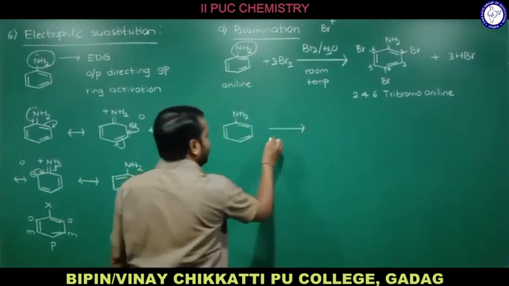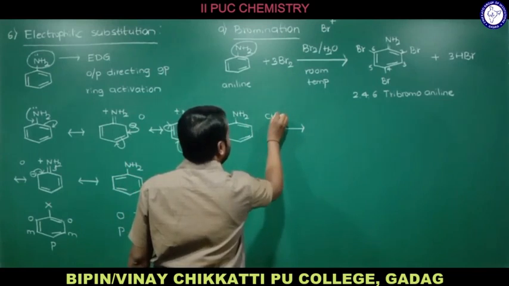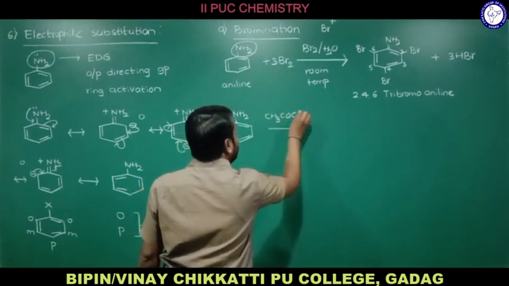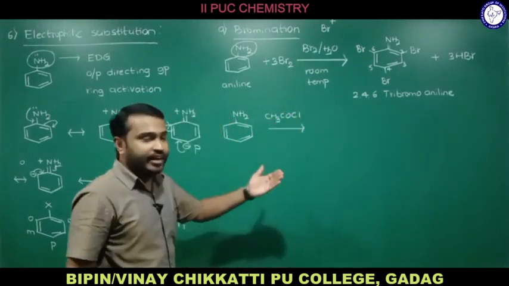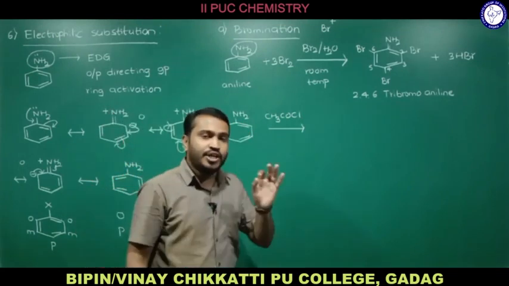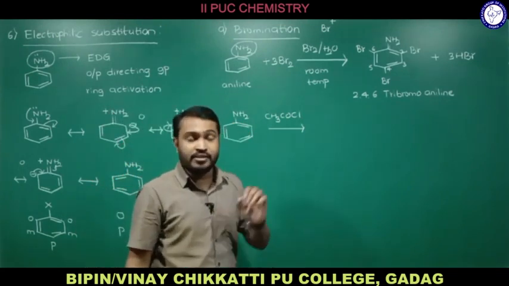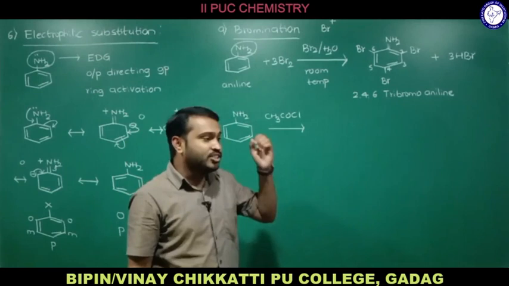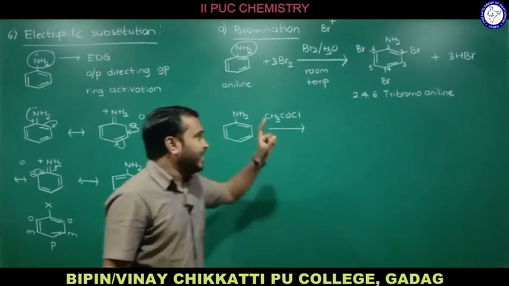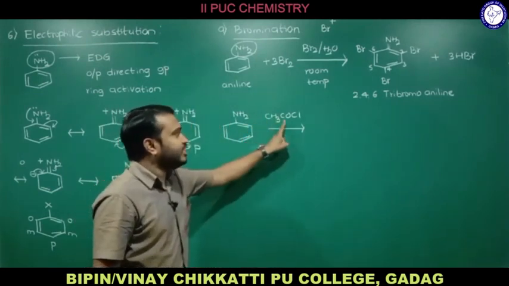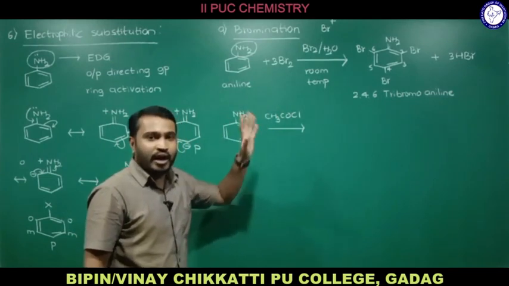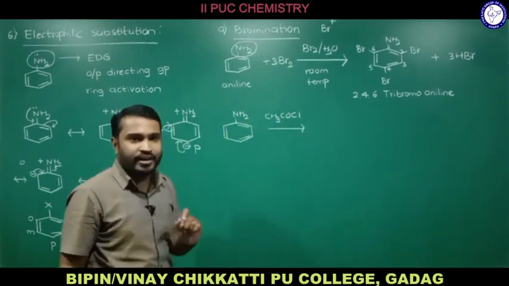This is the acylation reaction. As we studied earlier, for acylation you can consider acid chloride, anhydride, in some cases ester also, and here I consider CH3COCl. This is an acid chloride, in particular acetyl chloride.